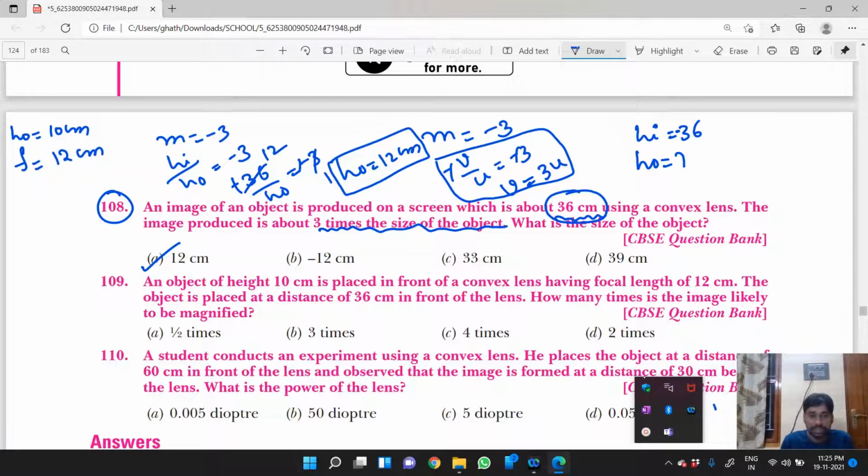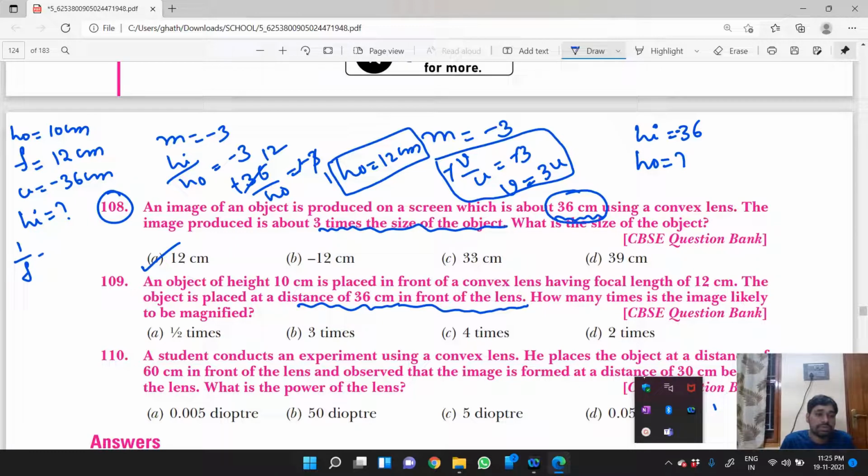The object is placed at a distance of 36 centimeters in front of the convex lens. How many times is the image magnified? They are asking for hi, so we have to calculate v.